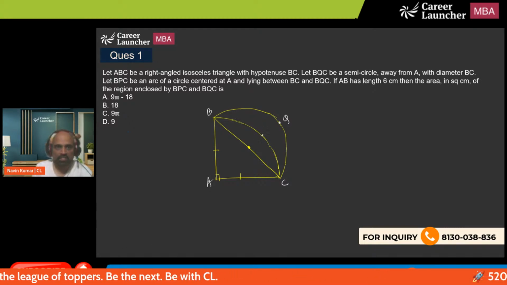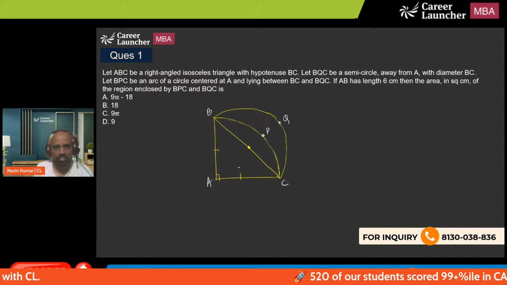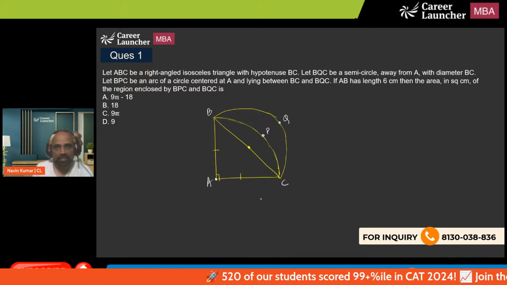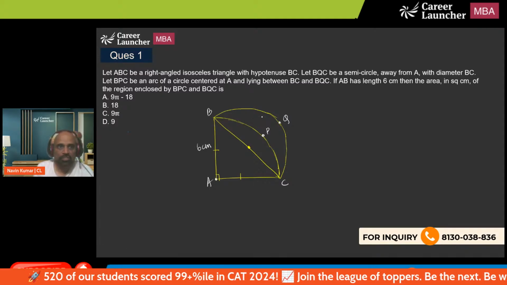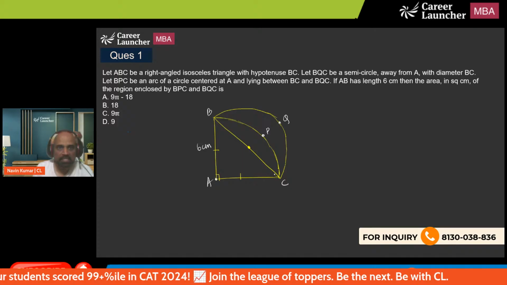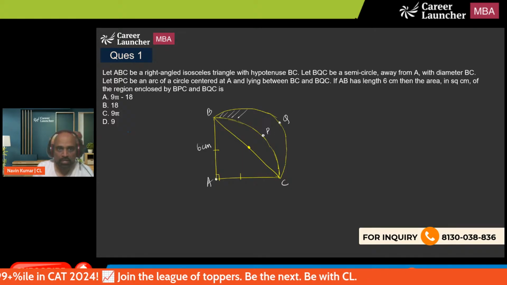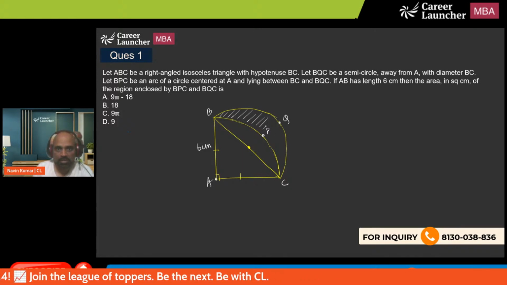And this point is given as P. So BPC is the quarter of a circle with center at A. If AB length is 6 centimeter, then the area of the region enclosed by BPC and BQC. So we are asked to find out what would be this particular region's area.